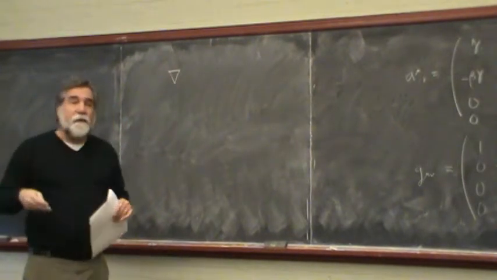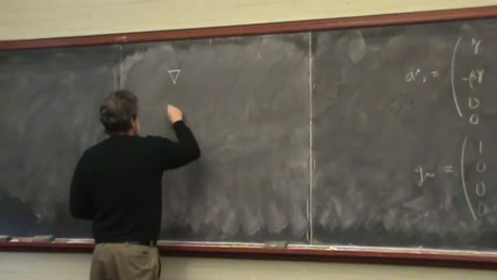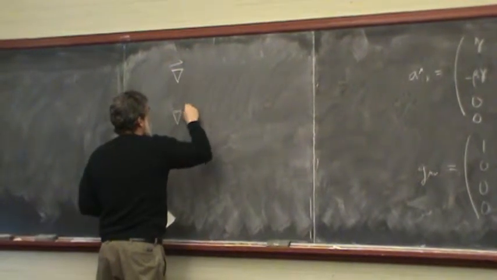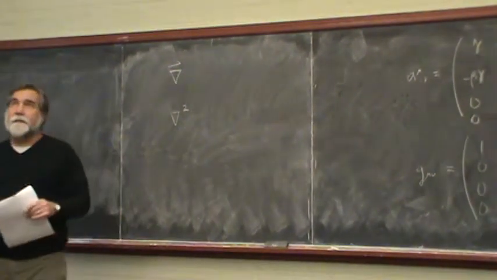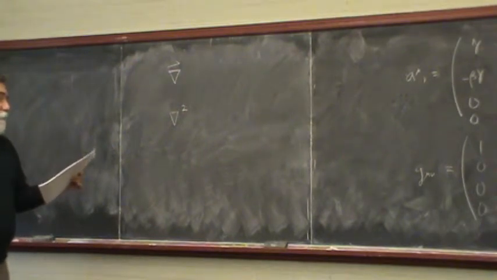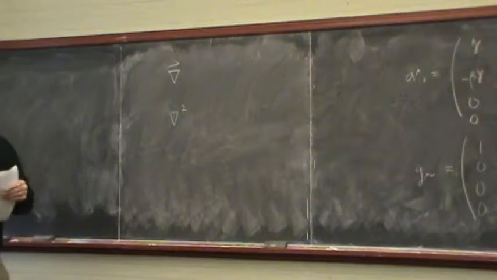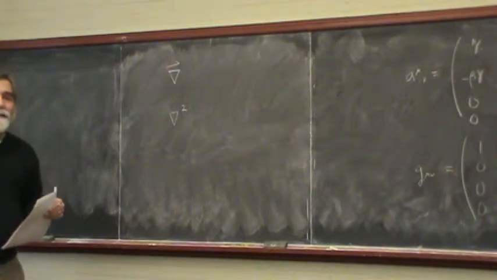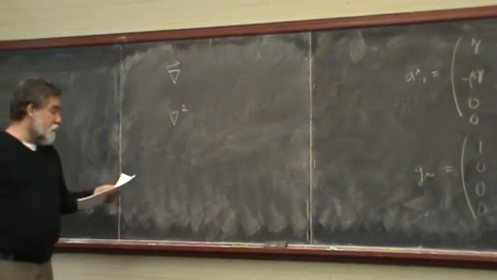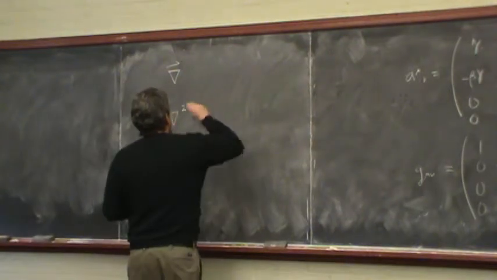We need the four equivalent of the Laplacian. And I don't know what else. That's probably good enough. We do know how to do dot products and stuff like that.